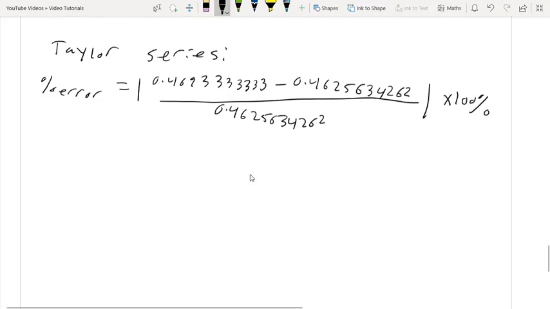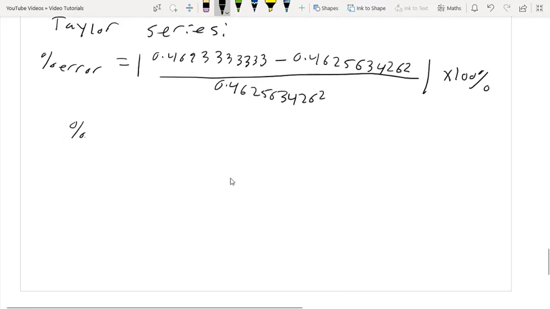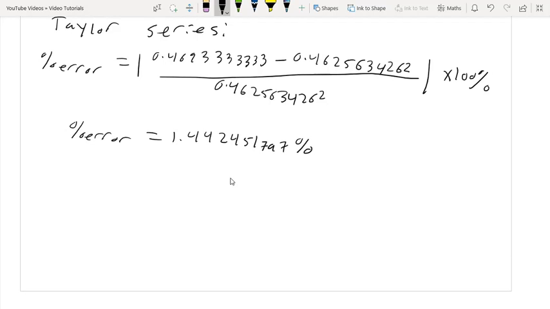And so when you put that in your calculator, you'll find that the percent error is equal to 1.442451797% using the Taylor series.